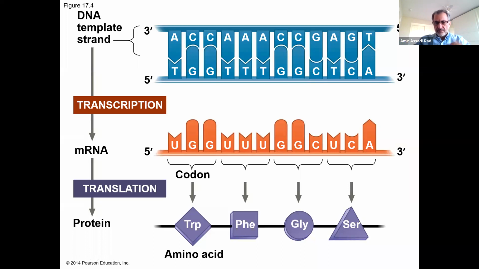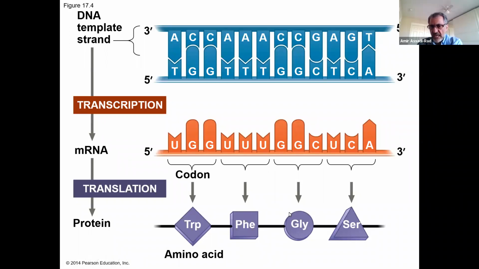You will see that. Okay, so these 3 nitrogenous bases on mRNA, UGG, is called a codon. 3 nitrogenous bases on mRNA is called a codon. These 3 will give you the amino acid tryptophan. These 3, UUU, will give you phenylalanine.